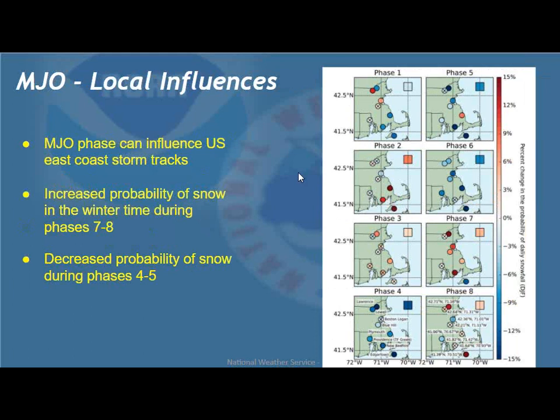They found some pretty good results that suggested that when the Madden-Julian oscillation is in phases 7 and 8, when it's located over the Pacific, there tends to be an increased probability of snowfall for locations along southeastern Massachusetts. And on the reverse side, there tended to be a decreased probability of snowfall in phases 4 and 5, which I think is when it's making its way from the maritime continent into the Pacific.